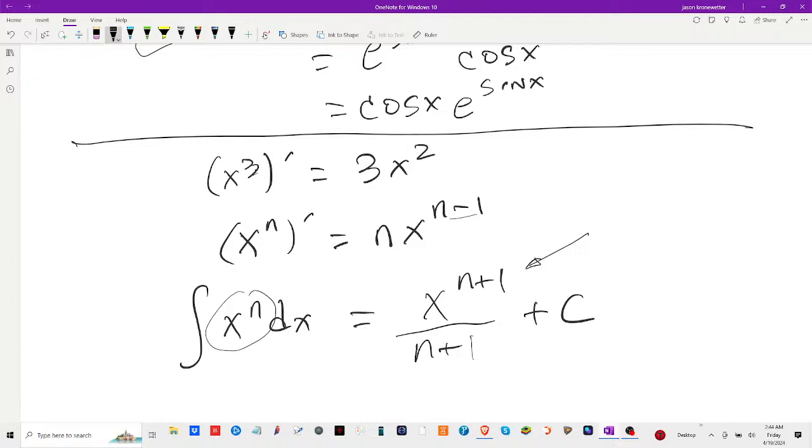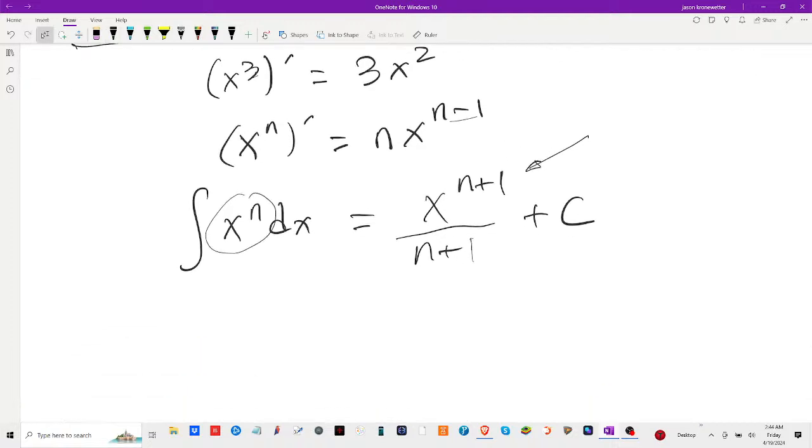Now, we have to be careful because whenever we have a denominator, we have to look out for it being 0. And so we do have to qualify this and say that n is not equal to -1. And so we do have an exception when n equals -1, which I'll address in a bit. So let's take a look at this.